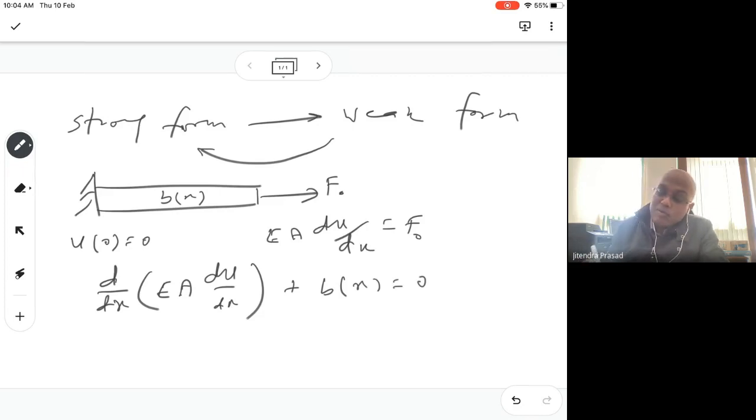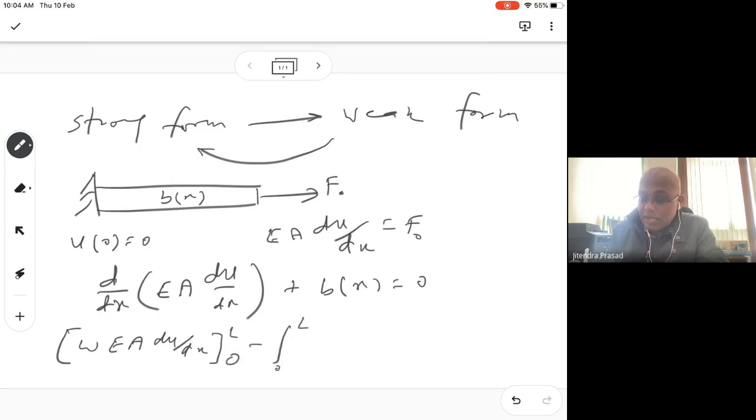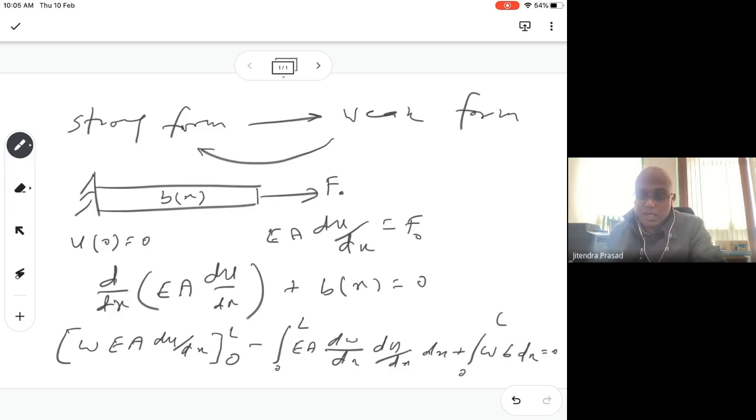And if you convert that into a weak formulation, then this becomes W EA du over dx from L to 0, minus the integral from 0 to L of EA dw over dx du over dx dx, plus the integral from 0 to L of W b dx, equal to 0, right?